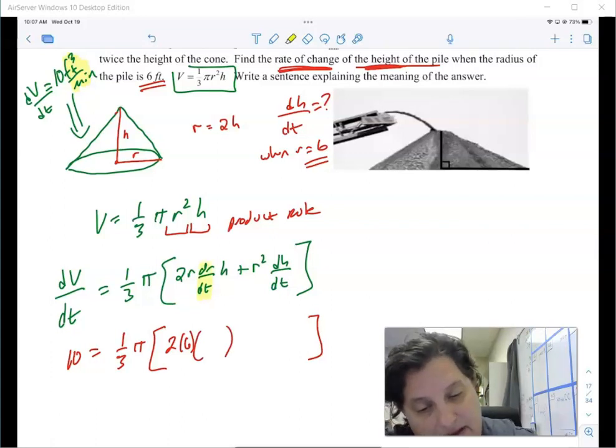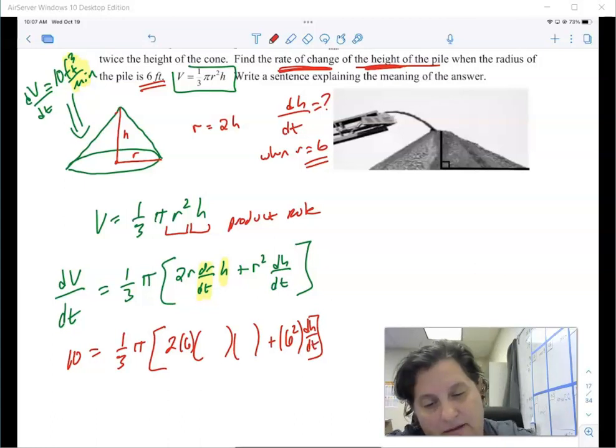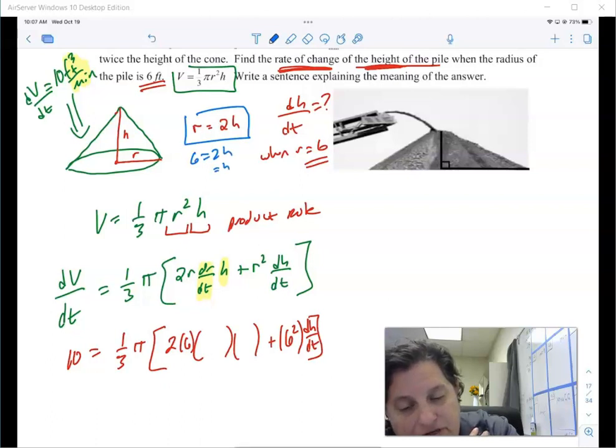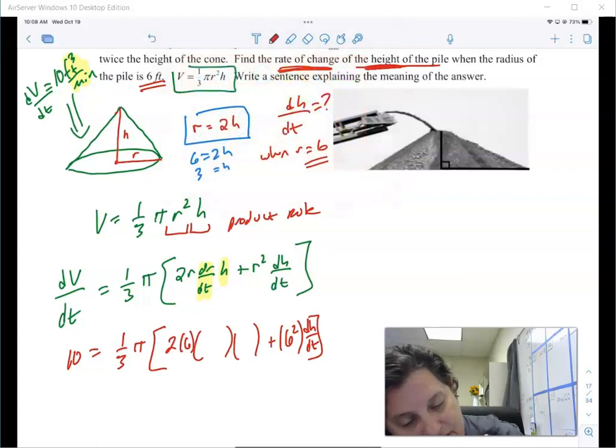It did not tell me yet h. And then r squared. And then dh/dt is what I'm looking for. So you guys, I don't have a dr/dt and I don't have an h. Well, let's see here. Why did they tell us this piece of information? When r is 6, what's h? H is 3. So when r is 6, h is 3.